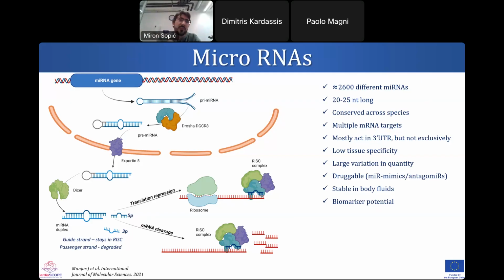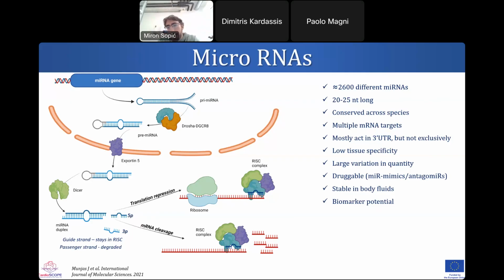So in terms of their activity, they are not super specific. Their place of activity is basically the 3' untranslated region of the mRNA, but it's not exclusively there. Most of them depend on activity on the 3' UTR, but to be honest, there are a certain amount of microRNAs that can also act on the coding region and 5' UTR.